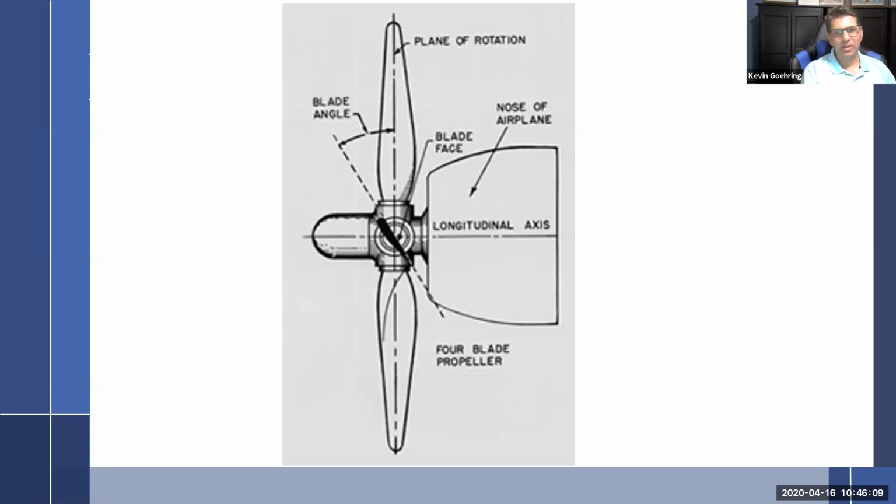So if I said a blade that is straight up and down is at low pitch, you would say, wait a minute, that's not pitch. That's blade angle. But it's okay, because it's often used interchangeably, just incorrectly. We say low pitch, high pitch, when we really mean low blade angle and high blade angle.